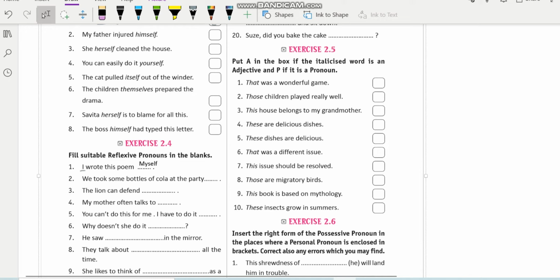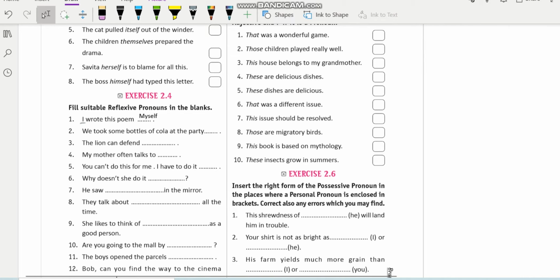Now, how do you identify it? Like if I say, that was a wonderful game. Now that is referring to the game here, right? So here, that was a wonderful game. Now that refers to the game. So this will be a pronoun. I hope this is clear to you.